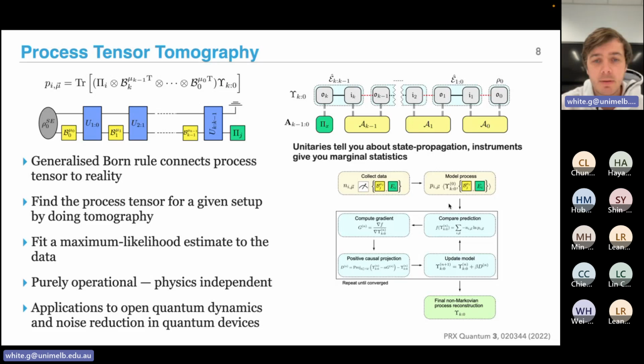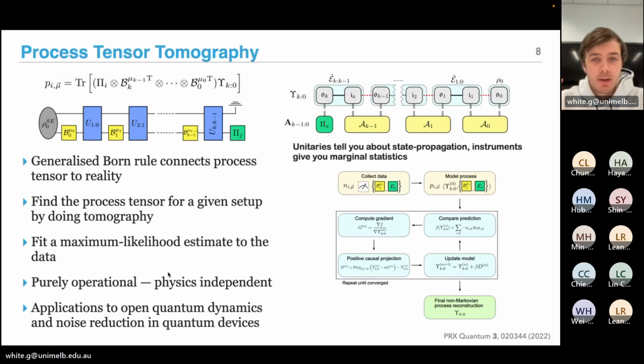We have algorithms to find a maximum likelihood estimate, the maximum likelihood process tensor, which is as consistent with the data as possible. Once you reconstruct this, you then have an object which tells you every possible piece of information that you can find out about that underlying quantum stochastic process. And importantly, this is in a purely operational setting, so this is independent of the underlying physics.